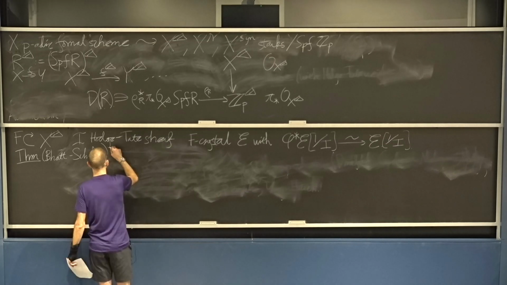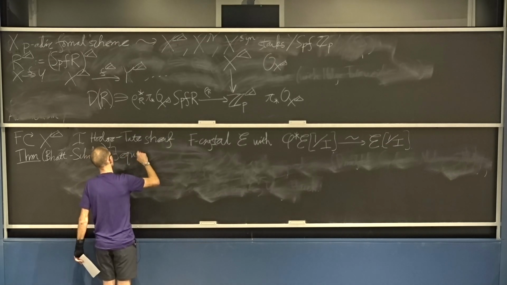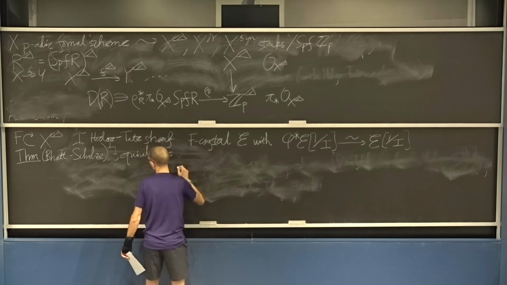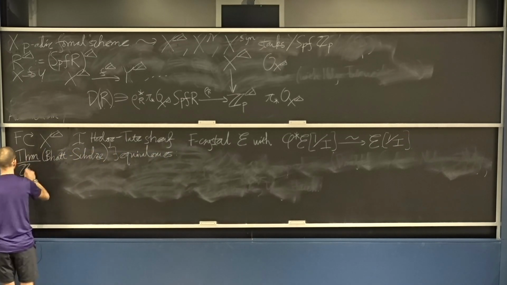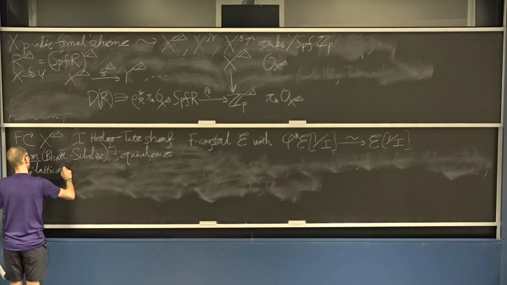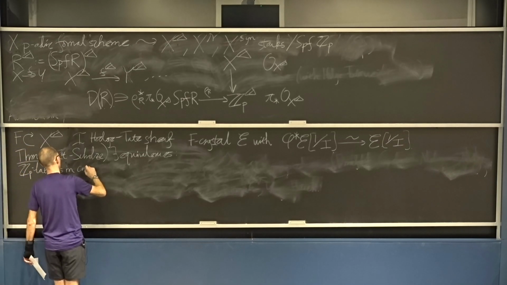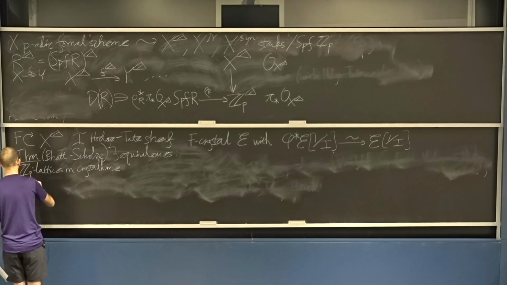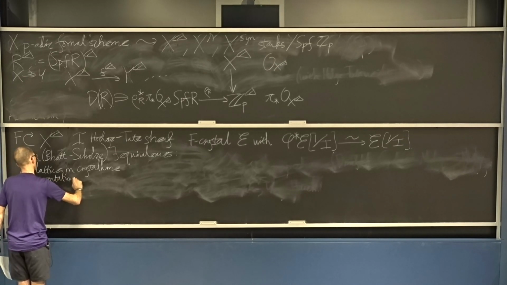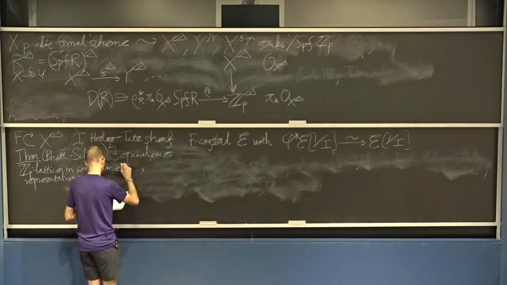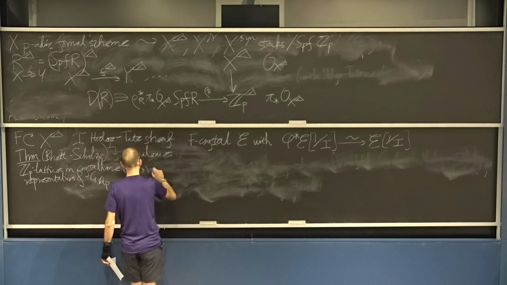So there are very natural equivalences between Z_p-lattices in crystalline Galois representations, so crystalline representations of the absolute Galois group of Q_p, and these correspond to vector bundles.